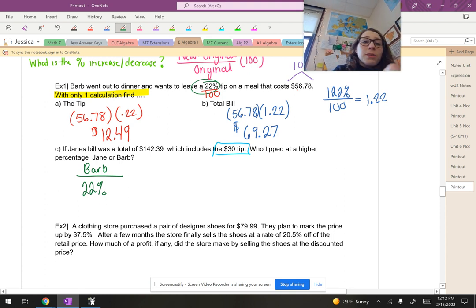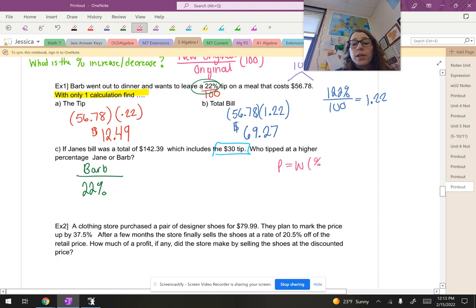So now Jane, we've got to figure out Jane's percent. You have a couple different options of figuring out the percentage here. You can use that proportion or that equation. I'm going to go with the equation. Part equals whole times percent over 100.